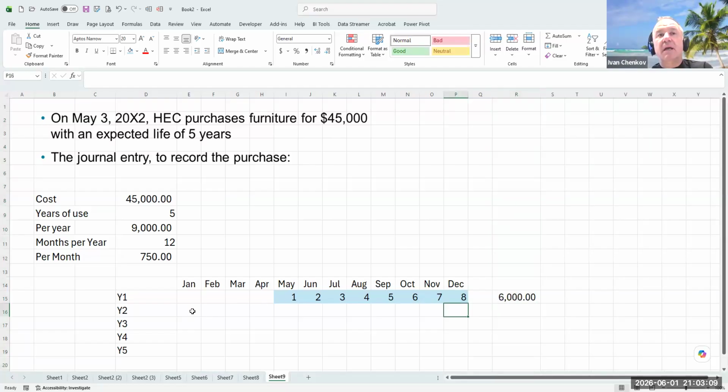Now, second year, how much will my amortization be for the second year? Do I have the entire 12 months? For the entire second year, 9,000.